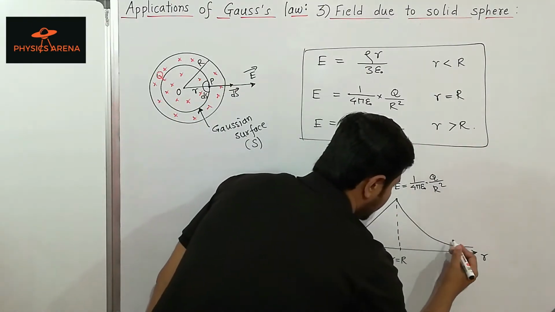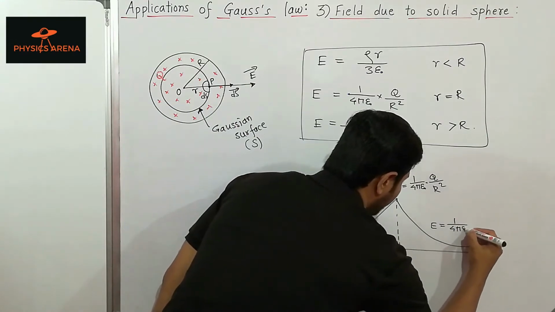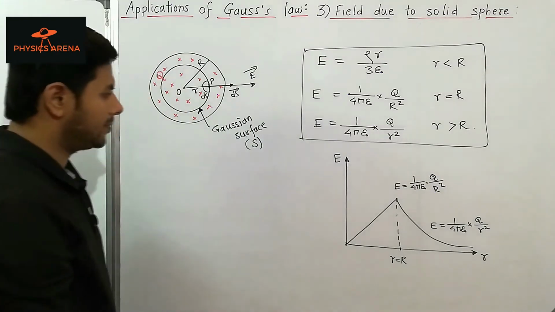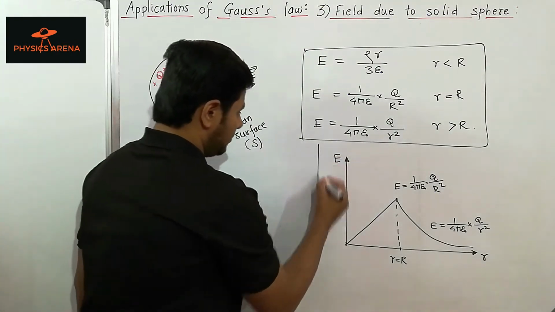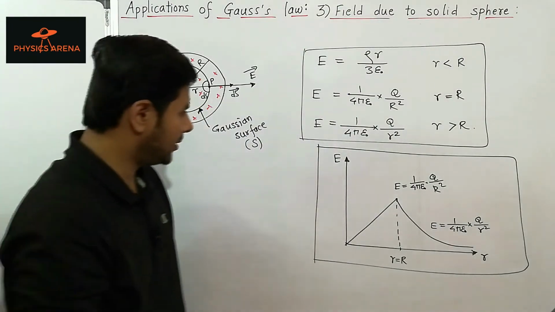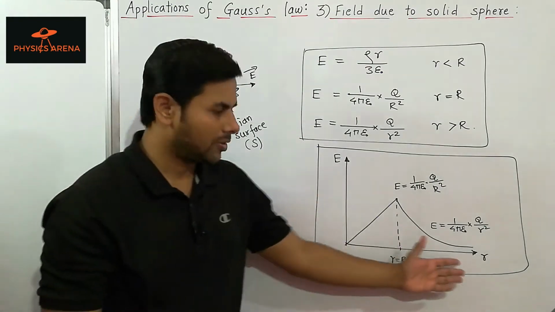So this is E equal to 1 over 4 pi epsilon naught into Q divided by R square. So more or less the graph between electric field and R will look like this.